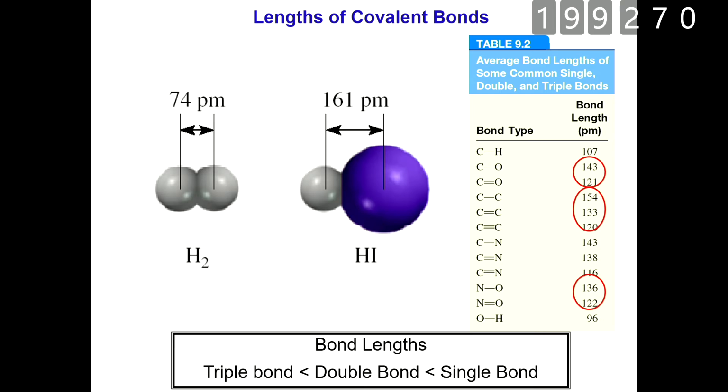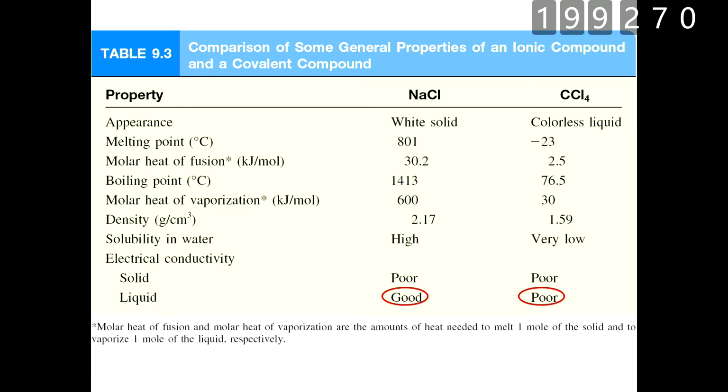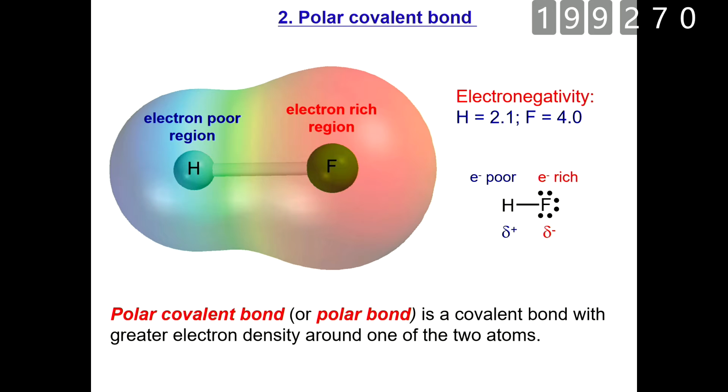And for bonds, there is the bond length. So basically, the triple bond's bond length is less than that of the double bond, and of course, it's shorter than the single bond. And then we also introduced the polar covalent bond.